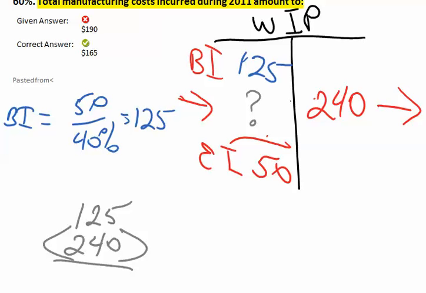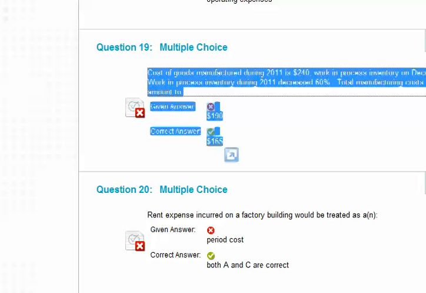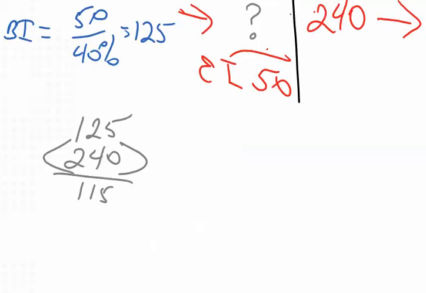That gives me a negative 115. But I need to have $50 more than that to get there, because that's how much my leftover is. So I'm going to have to add $50 to this. And that's how much would have to be transferred in.